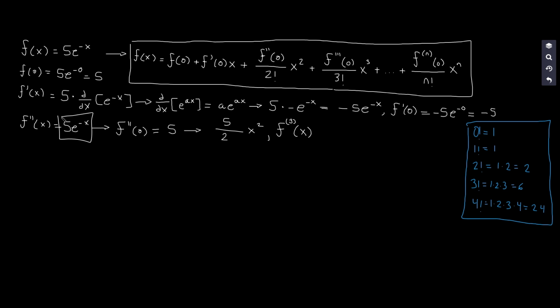Well, it's just going to be -5 times Euler's number raised to the power of -x. So let me just say -5 times Euler's number raised to the power of -x.